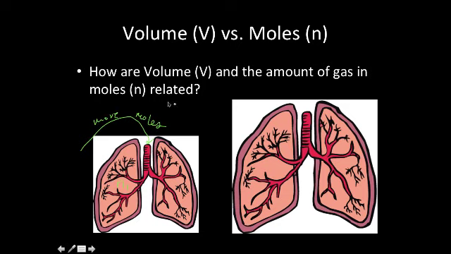You're adding more gas, and so as I add more gas, look what happens to my lungs. They get bigger. So here I've got N2, and that's going to add to the volume of my lungs. And so you can pretty much describe this as saying that as N, or the number of moles, goes up, then the volume is also going to go up. Makes a whole lot of sense, doesn't it?